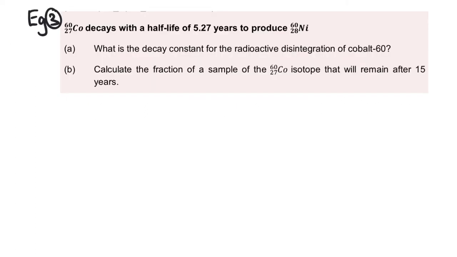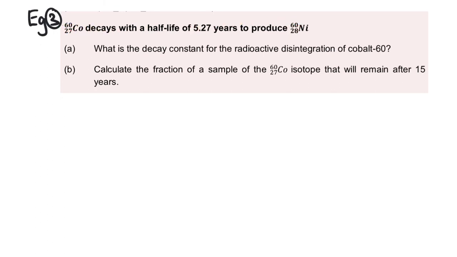So let's consider another example. We've got cobalt-60, which decays with a half-life of 5.27 years to produce nickel-60. Now note, cobalt has 27 protons and nickel has 28. So there is an increase in the number of protons by 1, but the total number of nucleons doesn't change.